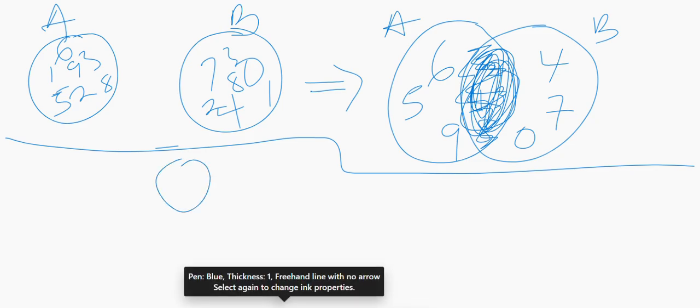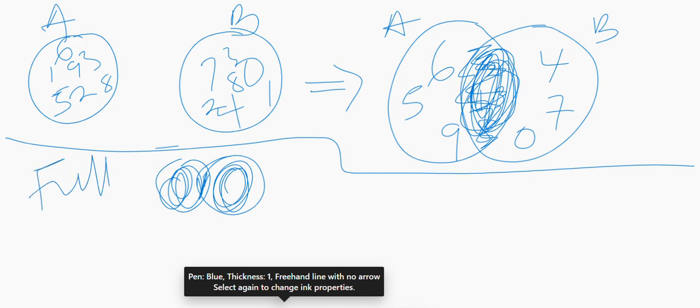You have this circle, you have this circle, everything here. Inner join, give me everything that is left on A, give me everything that is left on B. So that's full.